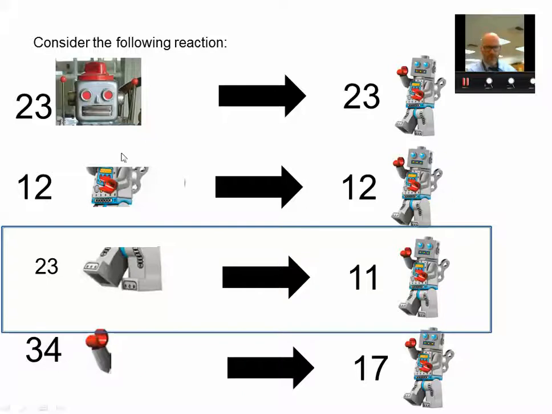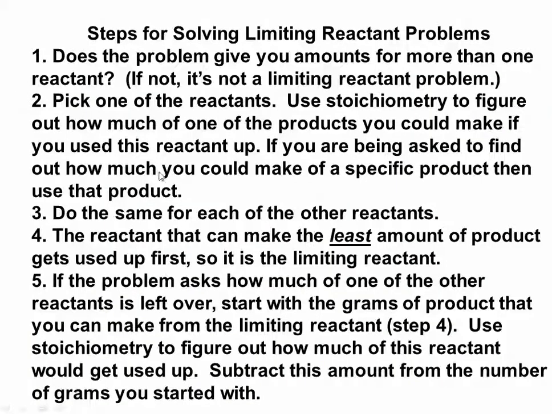And so we're going to solve our limiting reactant problems the same way. The first thing you need to do is recognize that it is a limiting reactant problem. If it gives you amounts for more than one reactant, it's going to be limiting reactant.